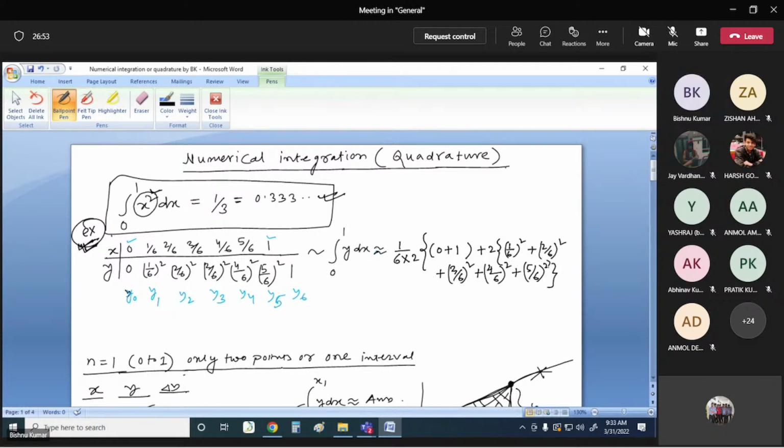Okay. Can you tell me the value? 1/12 within the bracket: 0 plus 1, 1 plus 2 into the inside calculation. Means 1/12 times (0 plus 1, 1 plus 2 into, with 36 below, inside 1 square plus 2 square plus 3 square), means 1 plus 4 plus 9 plus 16 plus 25.